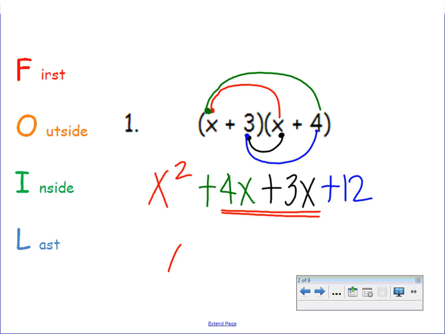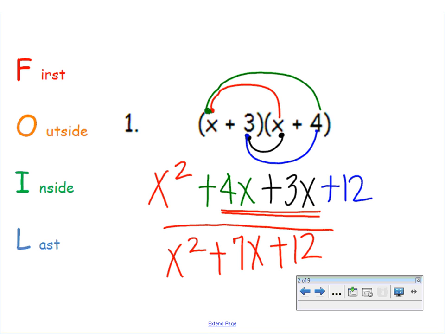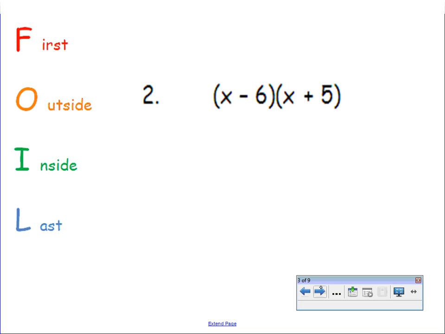I need to combine those. I can't leave those written out. So I have x squared plus 7x plus 12. And that would be your final answer. That is what you get when you multiply x plus 3 times x plus 4. All right, so if you didn't understand that one, let's pause it, rewind, try again. If not, let's move on to the next example.